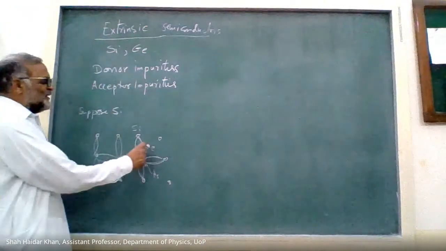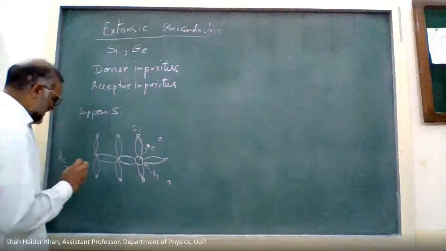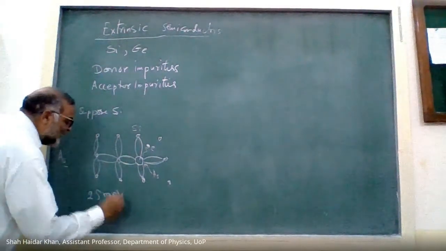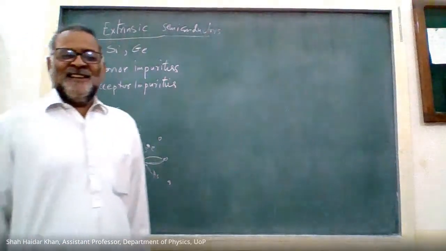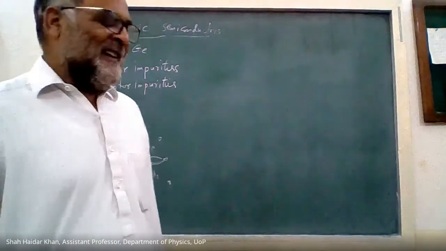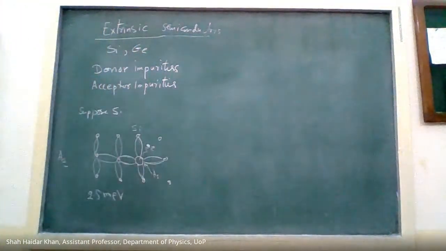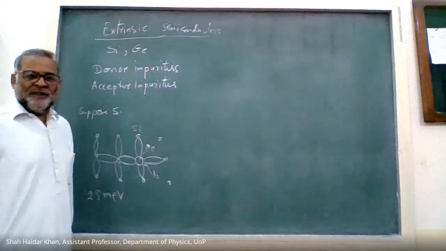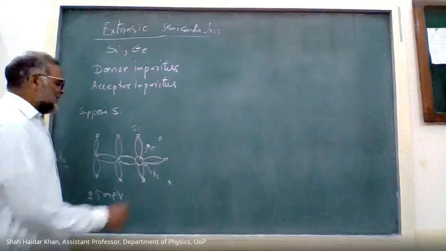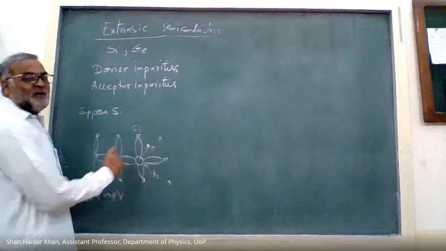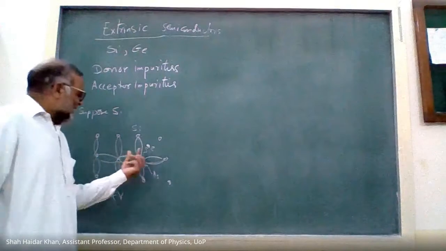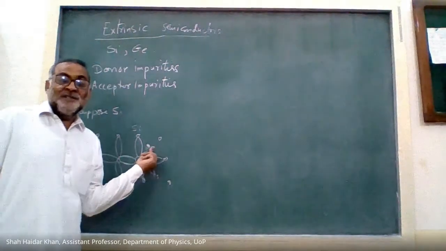It needs a very small energy, that is about 25 MeV, to break its bond with arsenic, right? And then it is free. When it breaks the bond, it is free.